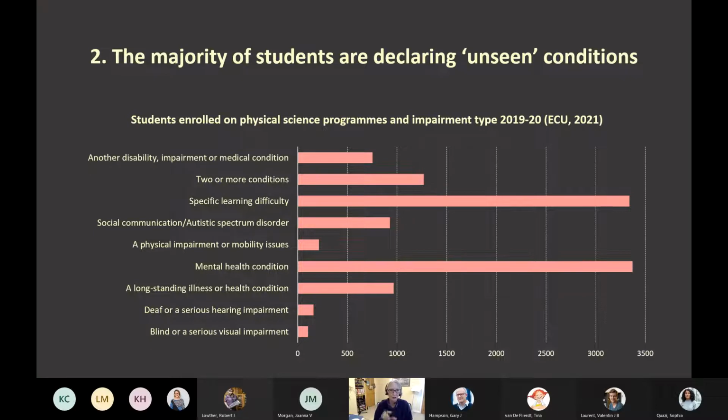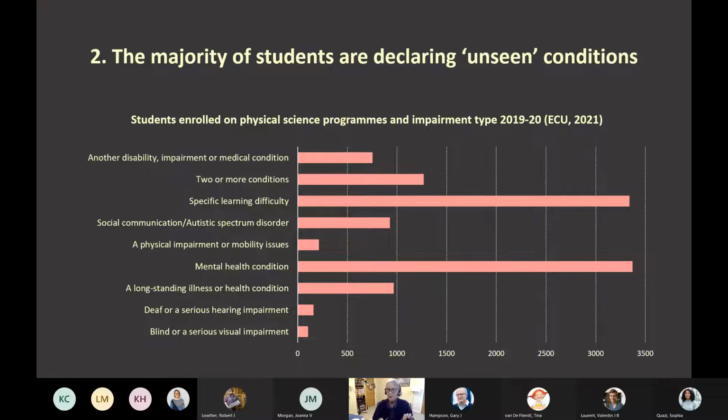So this is from a population of around 11,000 students, and about 60% of this sample have declared a condition that falls under either specific learning difficulty or mental health condition.